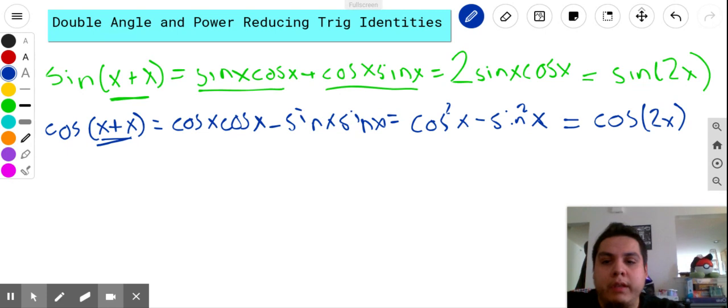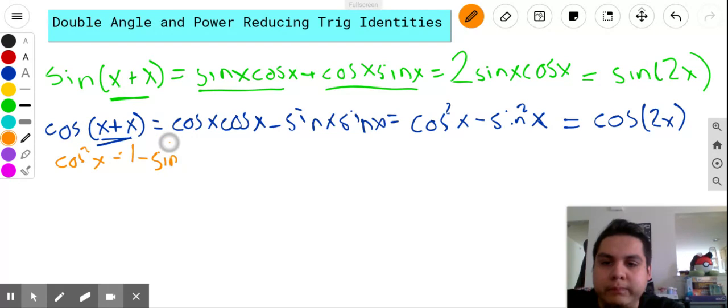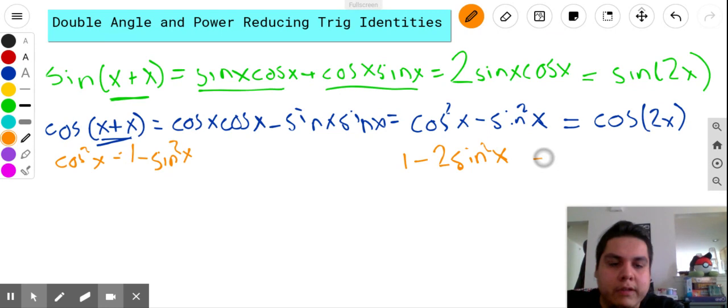So if I replace the cosine squared with 1 minus sine squared, then I can say that 1 minus 2 sine squared of x should also be equivalent to cosine of 2x.